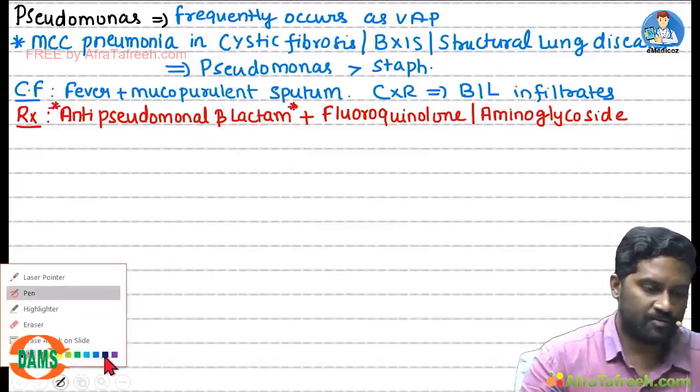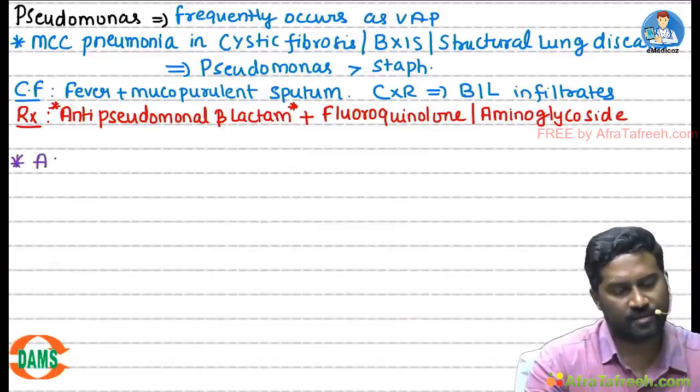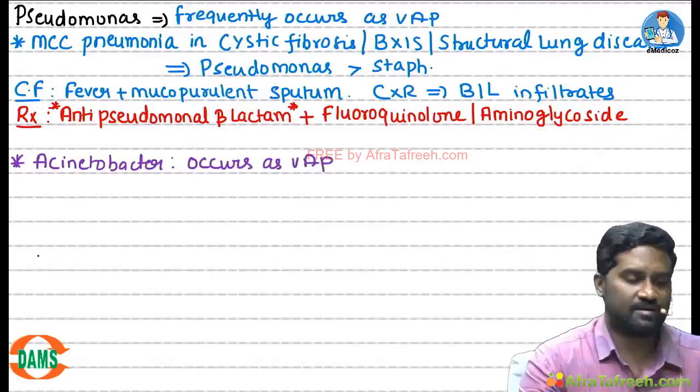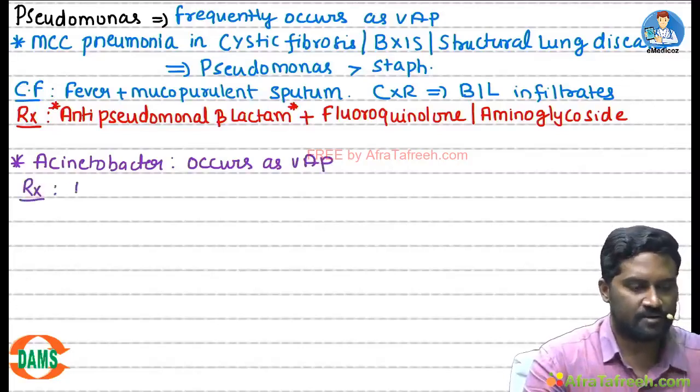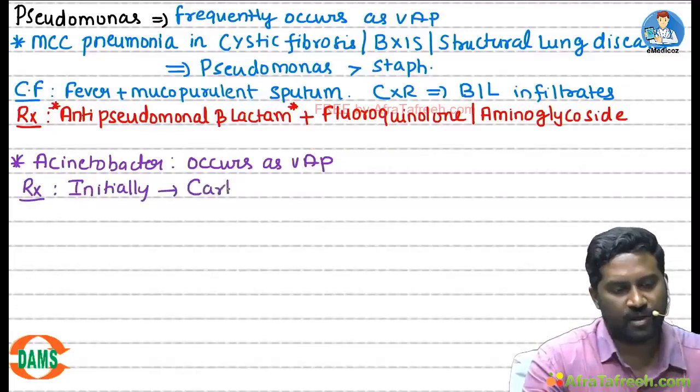Next important pneumonia is Acinetobacter pneumonia. Now where is Acinetobacter happening? This also occurs as ventilator associated pneumonia. Now what will be the treatment for Acinetobacter pneumonia? Initially we give carbapenems.